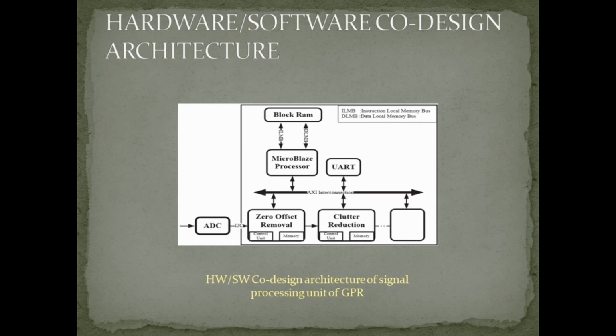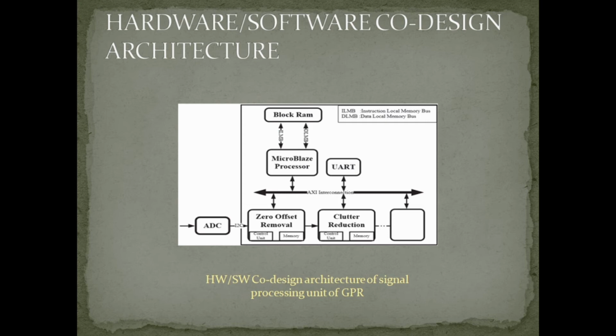Here we will discuss the architecture design for the signal processing of GPR application. Based on hardware software co-design, the proposed architecture consists of hardware, software, hardware, software and other peripherals.